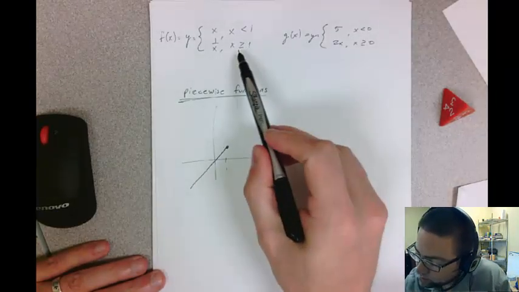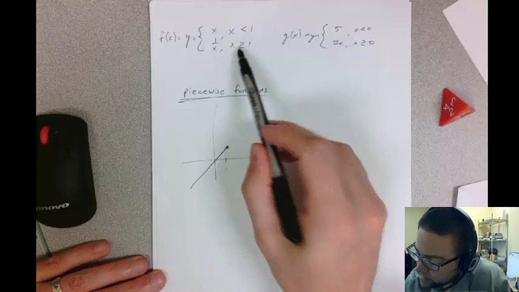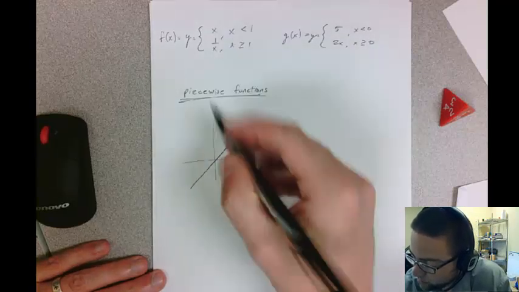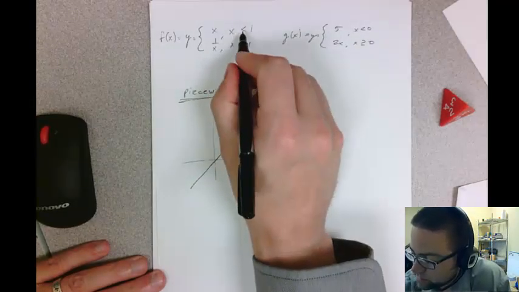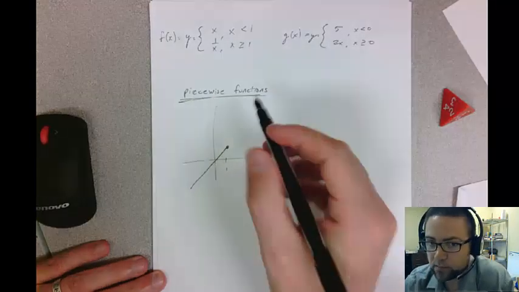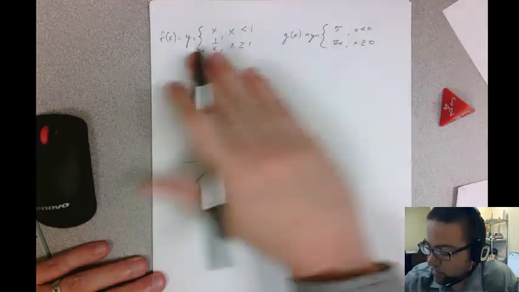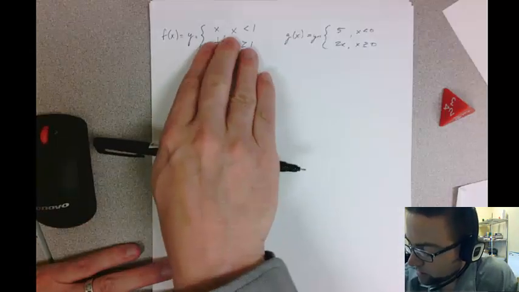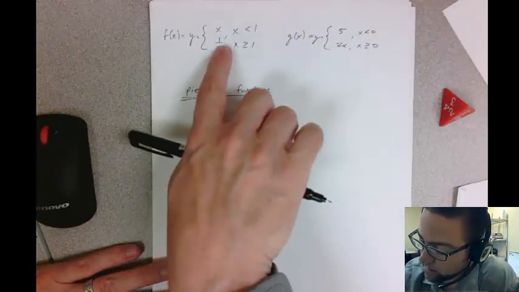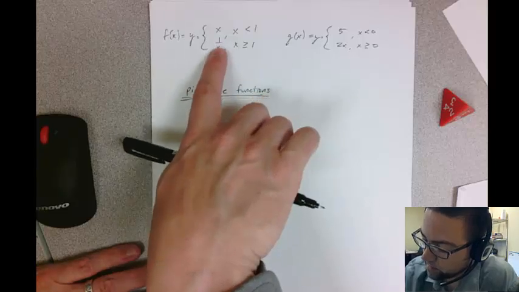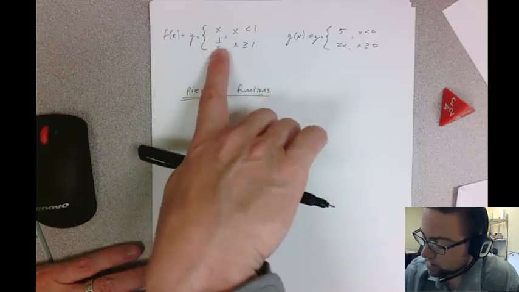The reason I did an open circle is that x was strictly less than 1, so it would not actually be equal to 1 if I just looked at this part right here.